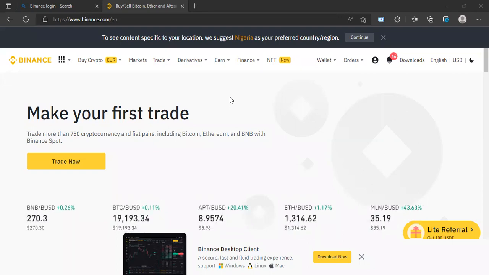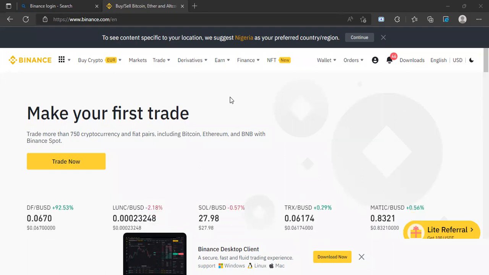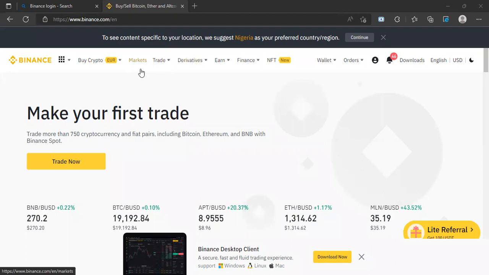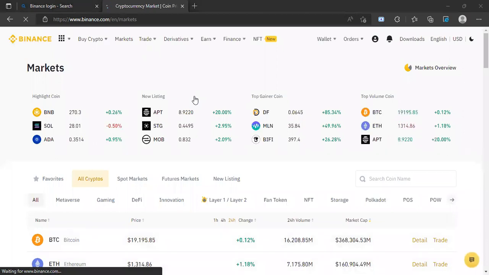What Binance is going to offer you is that you can buy any crypto. As you mentioned, you want to buy BTC. So if you go to market, yep, click on market. Right there, Binance is going to give you a lot of coins or tokens or crypto that you can go ahead and buy.